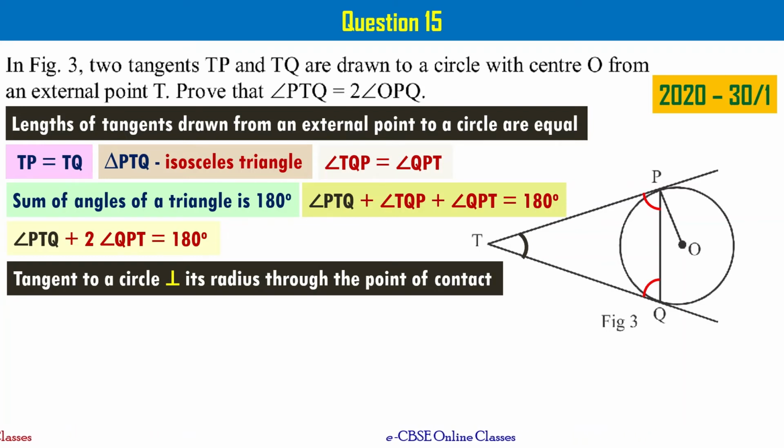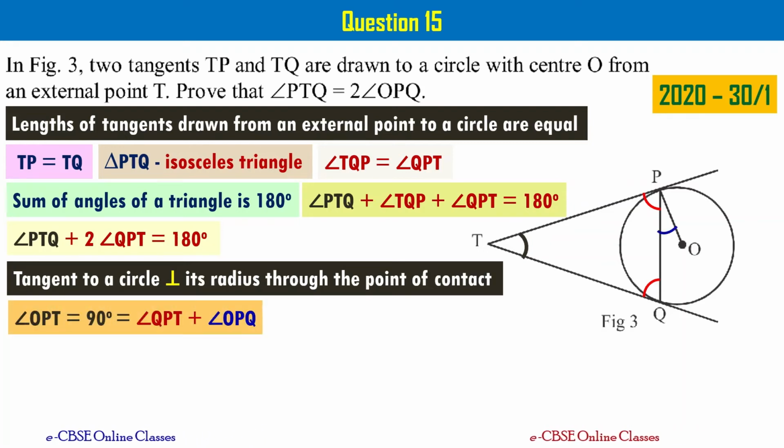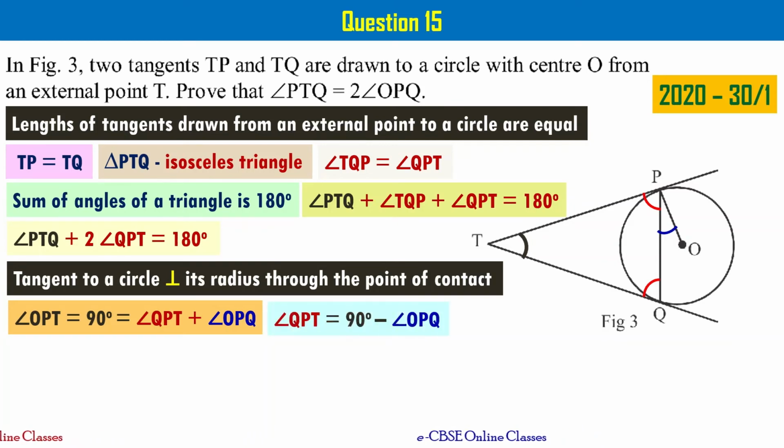It means angle OPT is equal to 90 degrees. That can be written as angle QPT shown using red color line plus angle OPQ shown using blue color line, right? And we have already seen that this can be rearranged and written as angle QPT equal to 90 degrees minus angle OPQ, right?